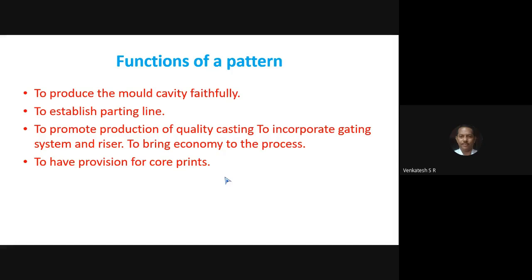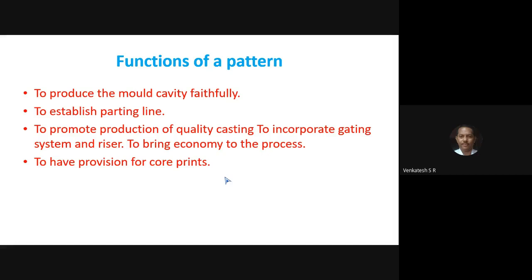The first function of the pattern is to produce the mold cavity in the mold. Whether the mold may be expandable mold or permanent mold or any type of mold. The main function of the pattern is to produce the mold cavity in the mold box.